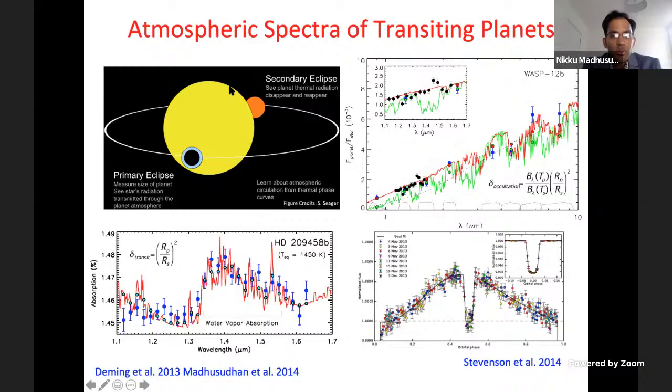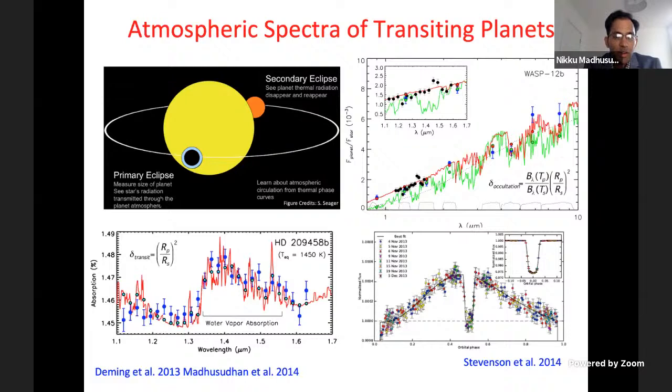Now, we all know what transiting planets are. As the planet goes in front of the star, you can infer the atmospheric composition of the planet at the day-night terminator, at this limb, basically. That's because when you're in transit, some of the starlight is coming through the atmosphere at the limb.